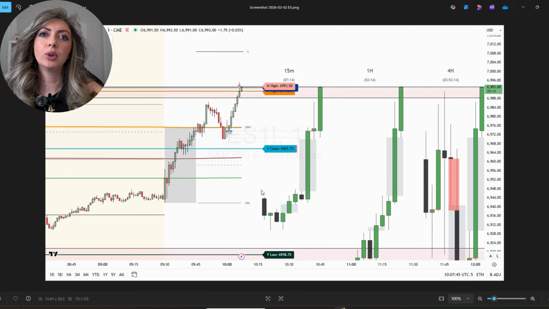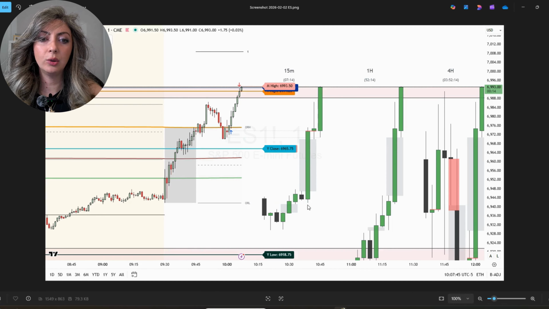My bias for today was mostly long, and I had some reasoning behind it, and I can show you different things here. I was looking at this chart, as you can see on the 15-minute time frame, and we had a break of these consolidation levels with a bullish candle, and then another candle here.